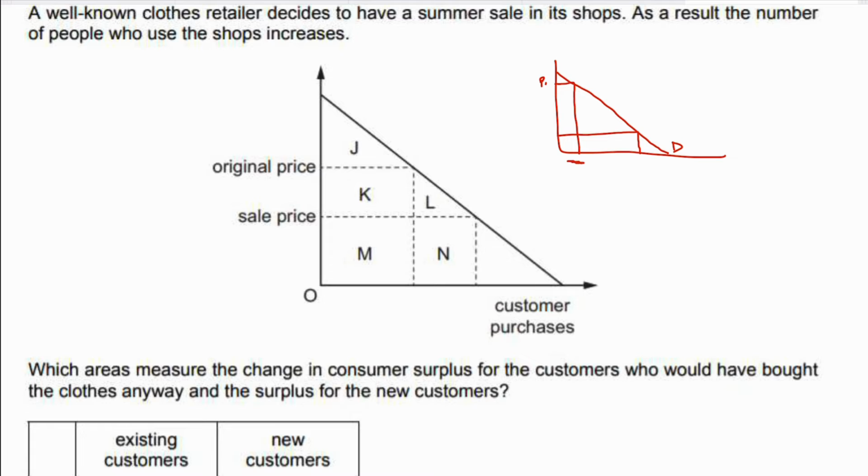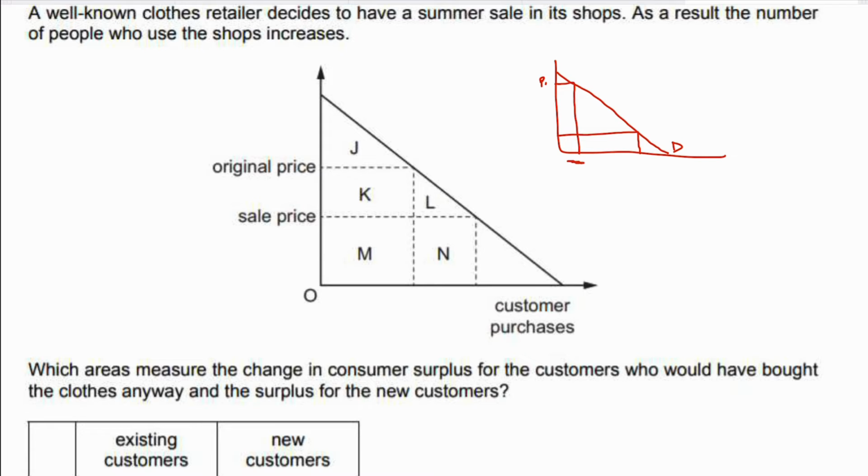So for example, if I can pay a high price for something, and the price goes down, obviously my surplus will go up. Since I was already willing to pay a high price, now that the price is going down, I witness a higher consumer surplus.